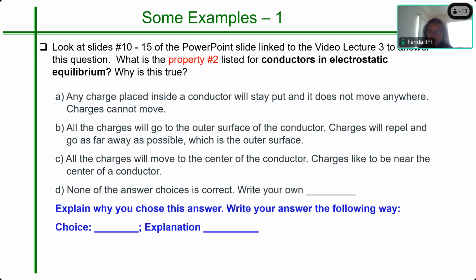There are times I do let them get away with just a random choice. But other times, especially in an exam, I would say, if you want to earn full credit, then you have to give me an explanation. And there are some multiple choice questions where I don't bother with any explanation.